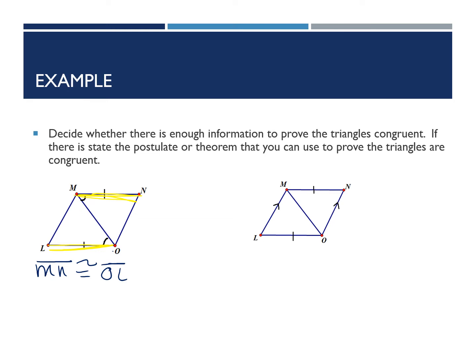Okay. I've got that this angle is congruent to this angle. Now, because I've got a whole bunch of different angles, remember, I've got to use the 3 letters.